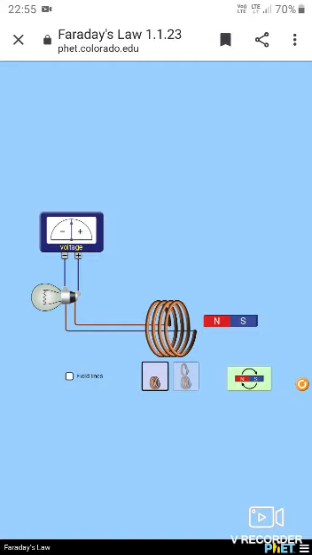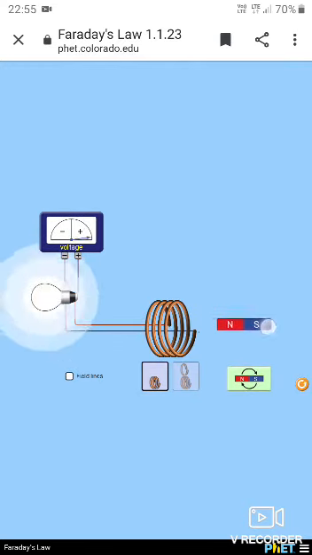Now as I am bringing the north pole, you have to observe where this needle deflects, whether towards the right or towards the left. Now as I bring the north pole of the magnet inside the coil, the deflection is towards the left. Did you observe? Once again I will bring it. Just observe. As I bring the north pole of the magnet towards the coil, can you observe?